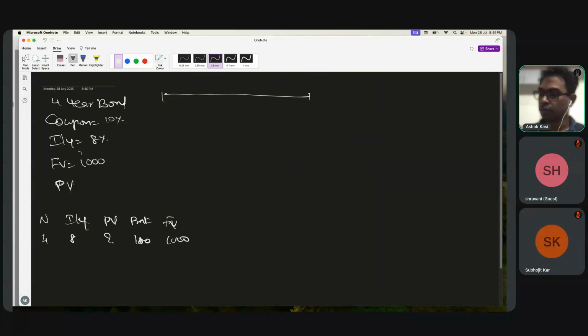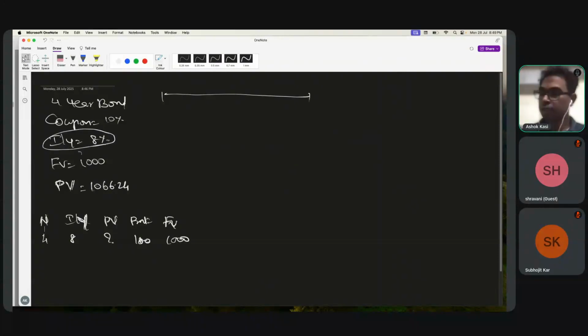Future value is 1000. What is the present value? 1066.24.